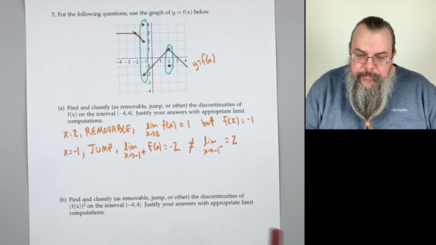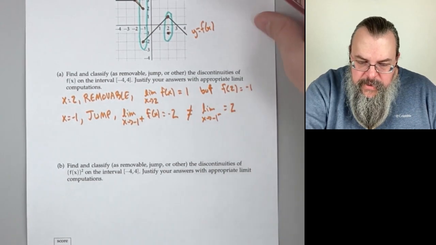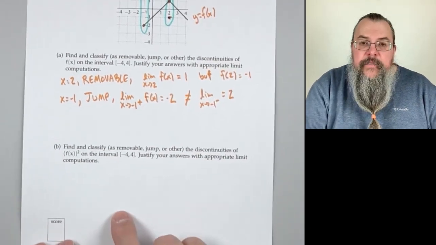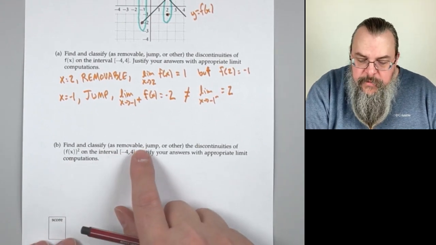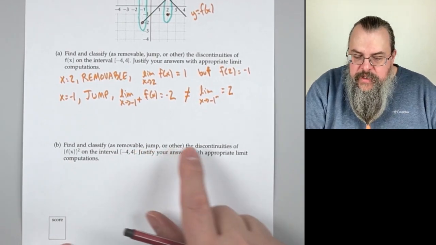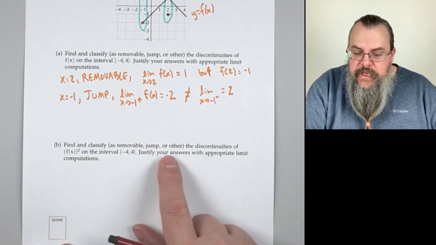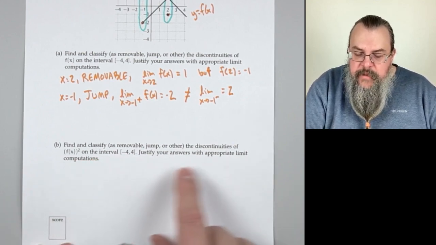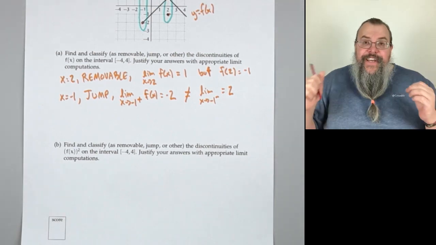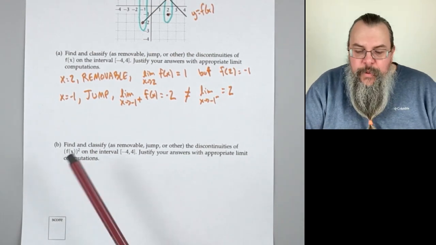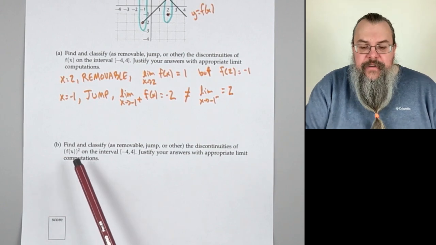Okay. Now, here we go. Find and classify as removable, jump, or other the discontinuities of f of x squared on the interval -4 to 4. Justify your answer with appropriate limit computations. Okay, so what's happening here? Well, we're squaring f of x.